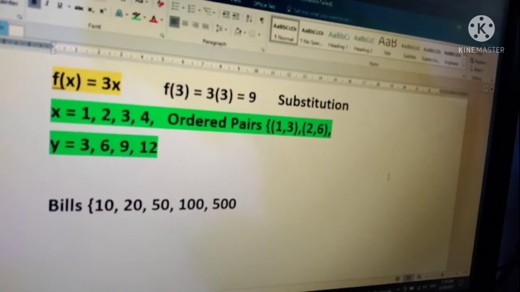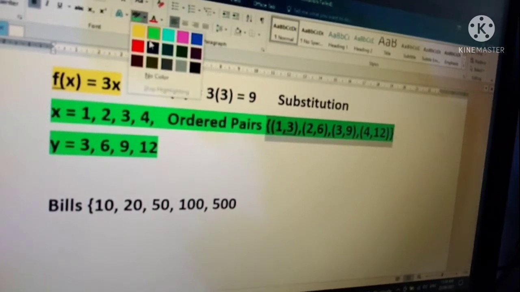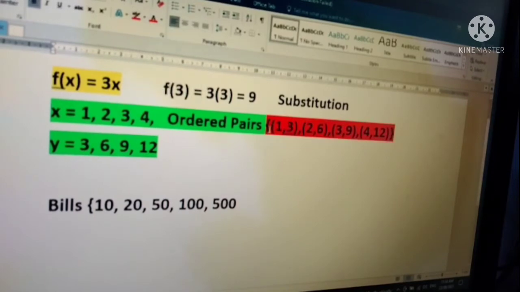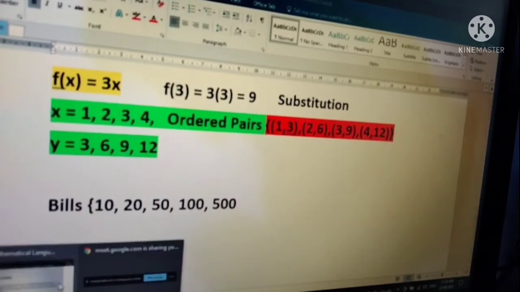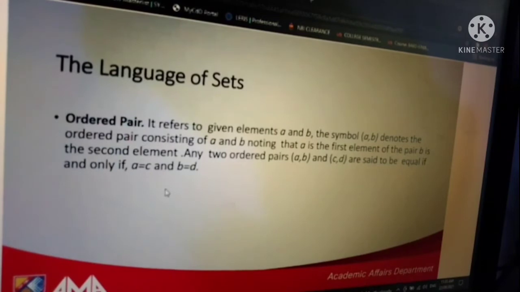Okay, yan ang ibig sabihin ng ordered pairs. 3, tapos 9. Sunod ay, ito, from here, this is what we call the ordered pairs. Yan naka-red na yan. Ang tawag dyan, ordered pairs.